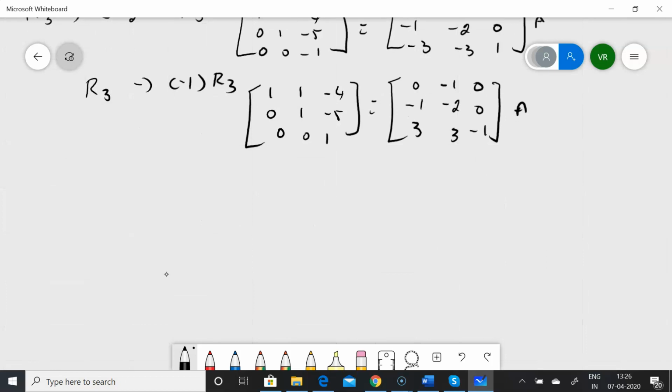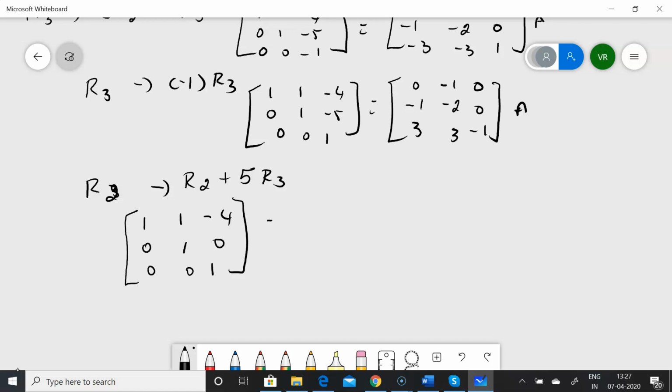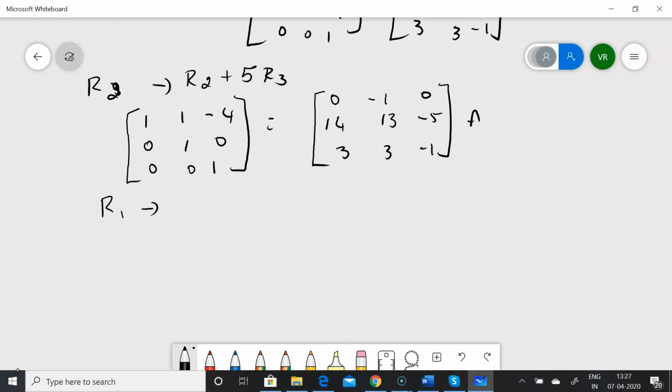Next we'll do R2 is R2 plus 5R3. So that gives you 1, 1, minus 4, 0, 1, 0, 0, 0, 1, which is equal to 0, minus 1, 0, 14, 13 and minus 5, 3, 3, minus 1 into A. Next is R1 is R1 plus 4R3.